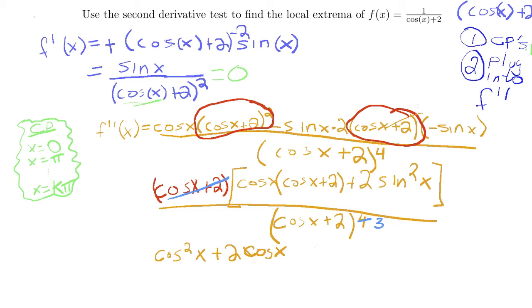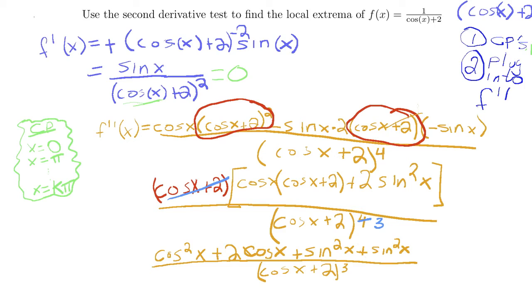Okay, and then plus 2 sine squared. Now, I'm going to write this as plus sine squared x plus sine squared x. And all of this is going to be over cosine x plus 2 to the 3rd.